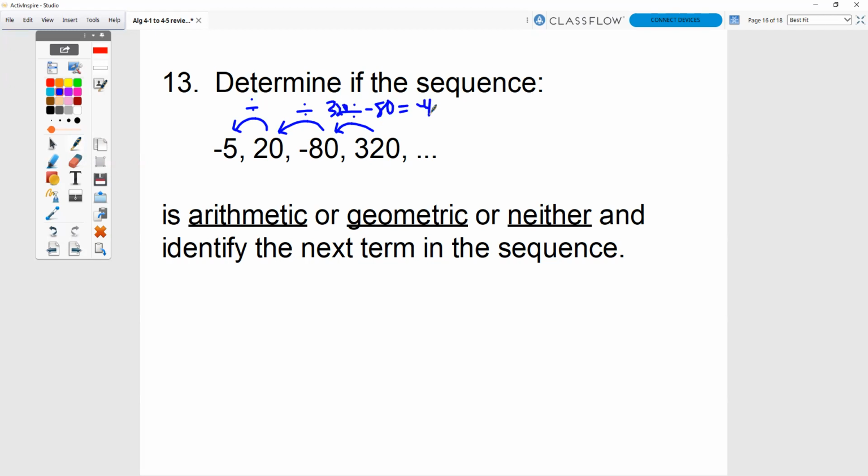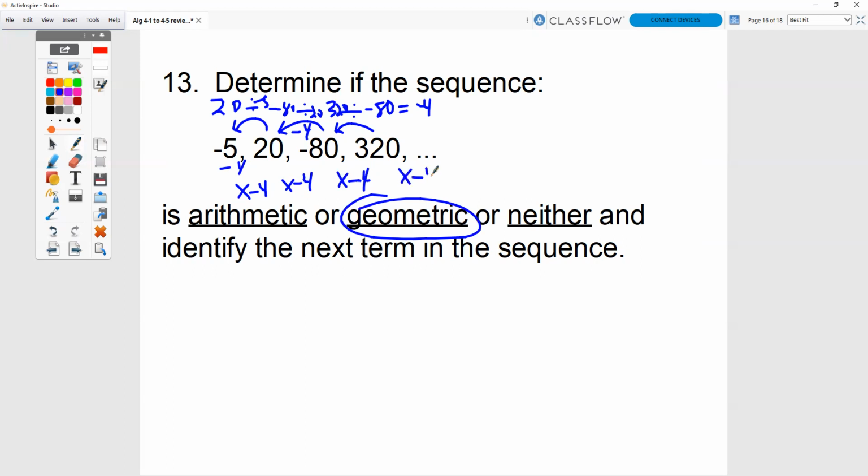Negative 80 divided by 20 is negative 4. 20 divided by negative 5 is negative 4. So I can see that I am doing times negative 4, times negative 4, times negative 4. I'm multiplying by the same number each time. So that is geometric.